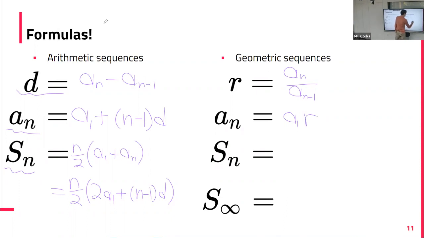Okay, so multiplied by r to the exponent n minus 1. All right, and the partial sum formula here, n over 2, is for arithmetic sequences.